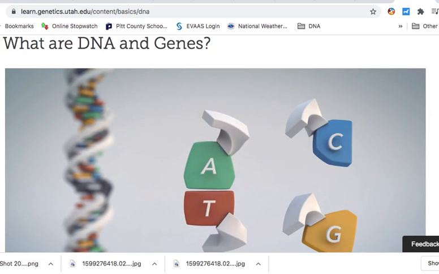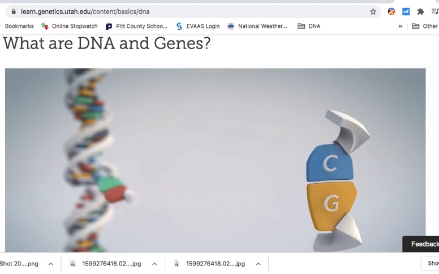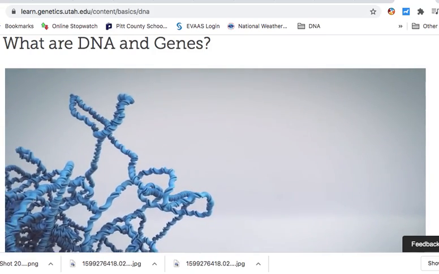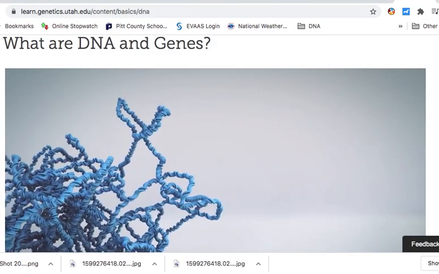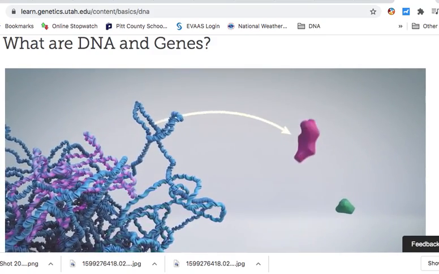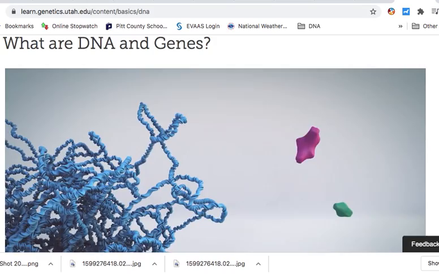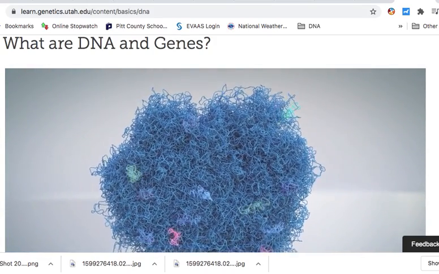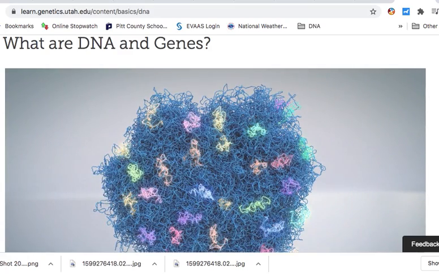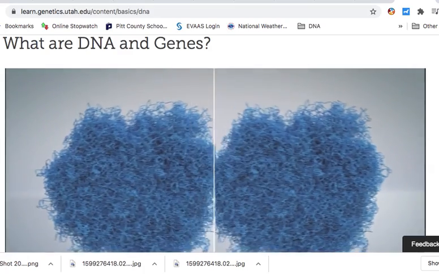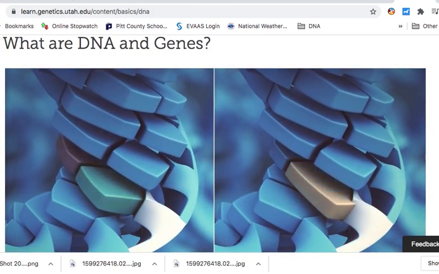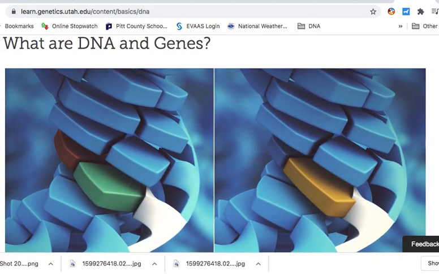A pairs with T, and C pairs with G. These building blocks function together in larger units called genes. Each gene is a set of instructions for building a specific protein. A complete set of genes is called a genome. A genome is a set of instructions for building an entire organism. Every person's genome has the same genes arranged in the same order. But small differences in the sequence of the bases in our genes make each person unique.